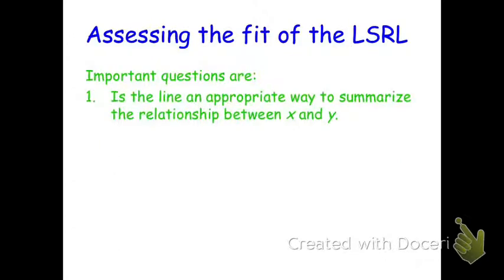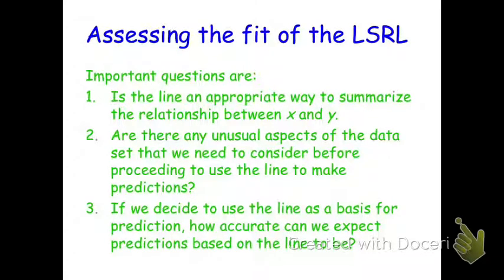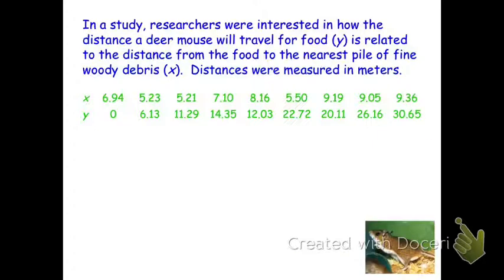So the important question is, is the line appropriate? Are there any unusual aspects that we need to consider to make predictions? Like, are there any outliers? Is the data curved? And if we do decide to use the LSRL, how accurate will our predictions be? One way to decide this is by making a residual plot.